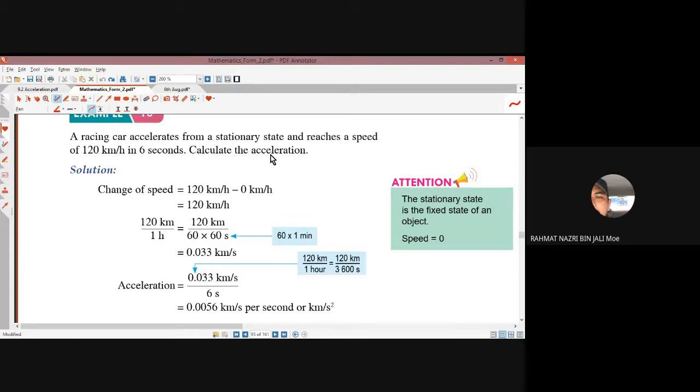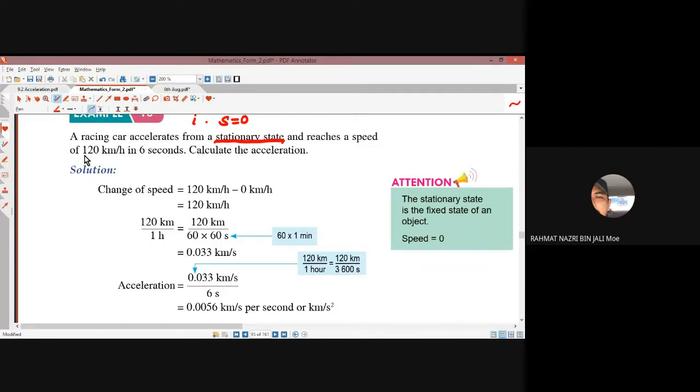Calculate the acceleration. So stationary state means the speed is equal to 0, or what we can say is that the initial speed is equal to 0. Then the final speed is 120.